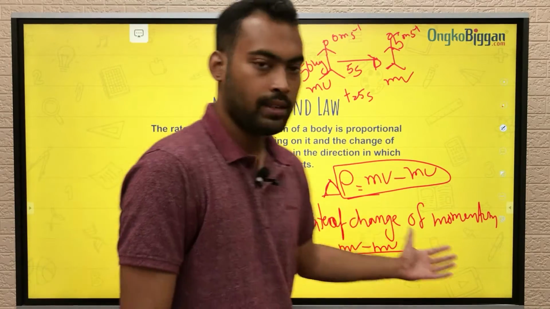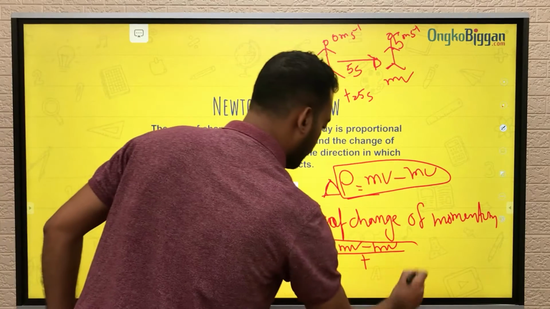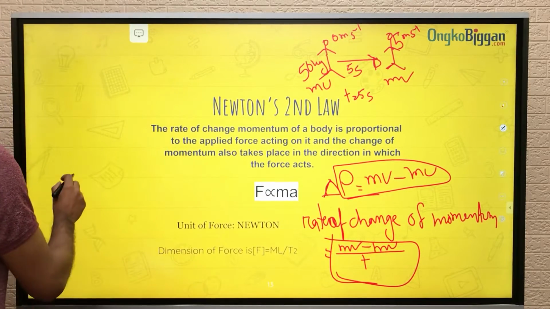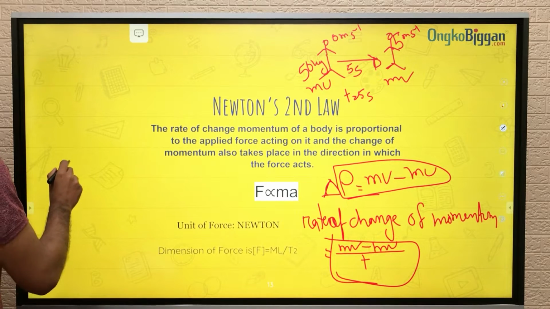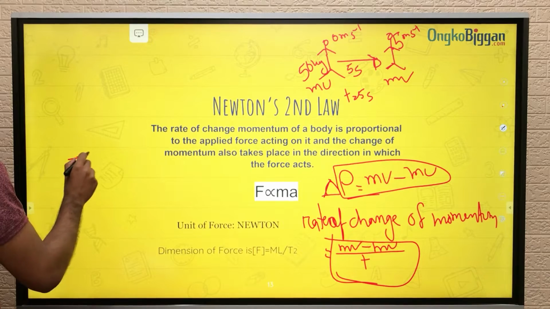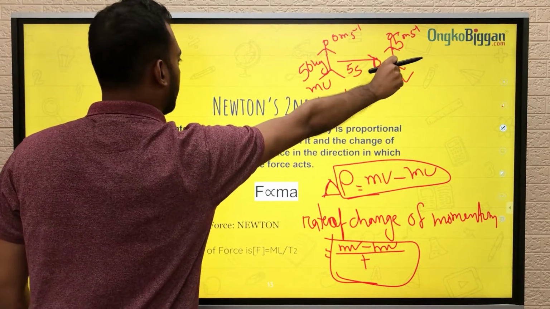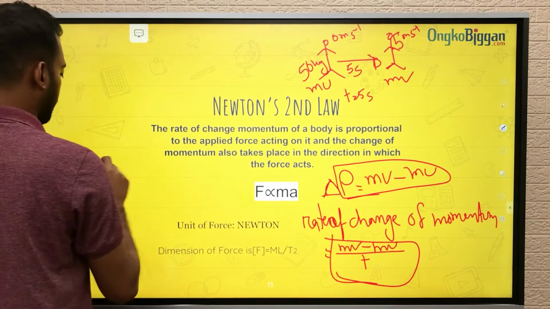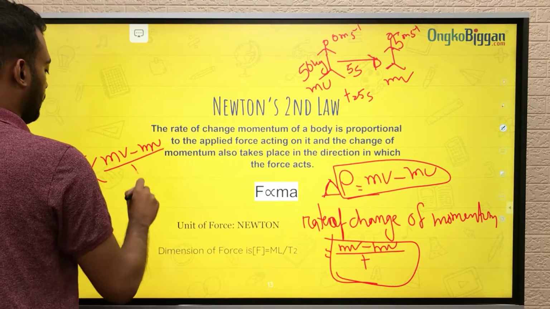Newton says that the rate of change of momentum is proportional to the applied force. That means the force that this boy needs to apply within himself to run to this position is proportional to mv minus mu divided by t.